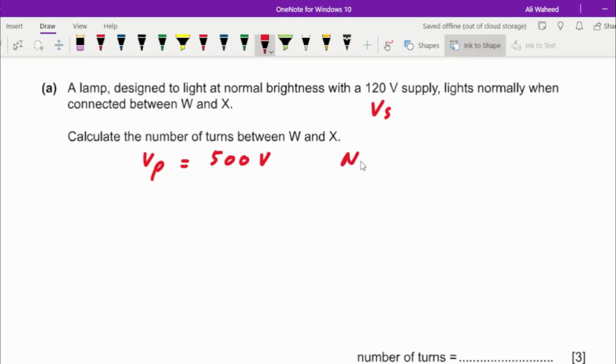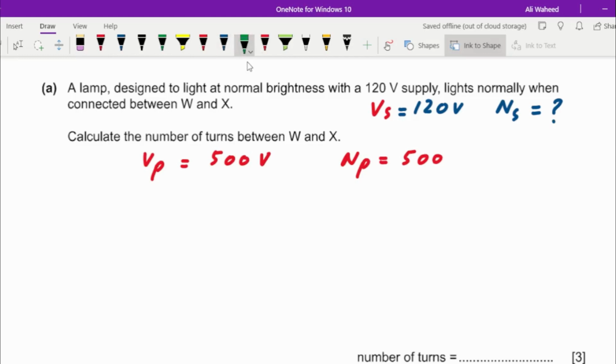The number of turns on the primary side is 500. Vs equals 120 volts. The number of turns on the secondary side, which is the number of turns between W and X, needs to be calculated.